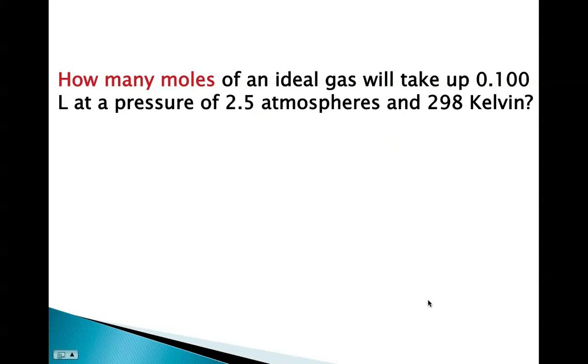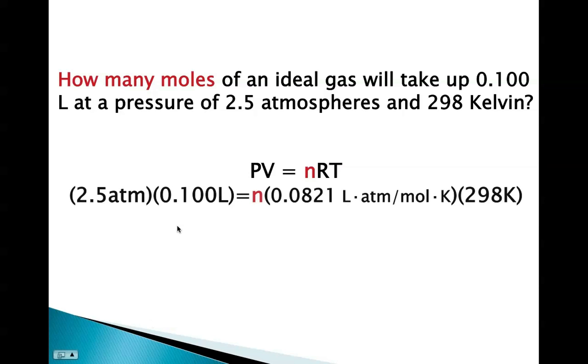So we're going to go through a couple of practice problems so you can see how this works. How many moles of an ideal gas will take up 0.1 liters at a pressure of 2.5 atmospheres and 298 Kelvin? Well, we start with our universal gas law, so PV is equal to nRT. We're going to fill in all of our given values. So we have our pressure in ATM already, 2.5.